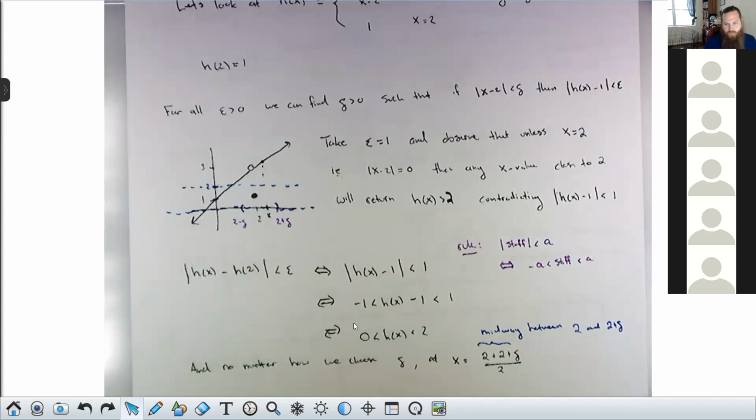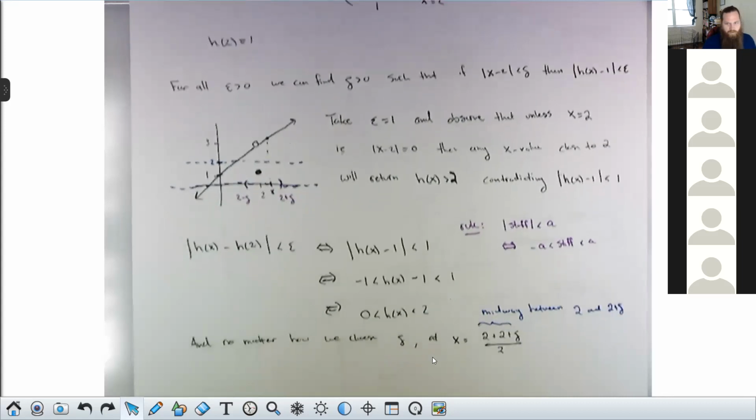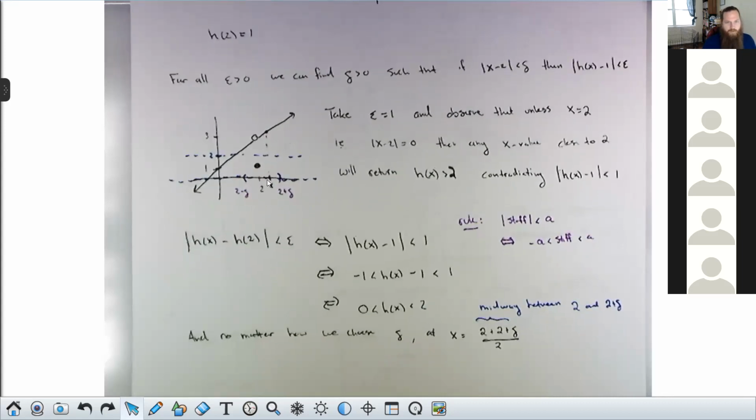So what we're saying is, if the absolute value of x minus 2 is less than delta, is it true that h of x is between 0 and 2? And what we're going to show is no, it's not. No matter what you use for delta, this won't work. And yes, that will prove discontinuity. So what I'm doing is taking for my x here the midpoint between 2 and 2 plus delta.